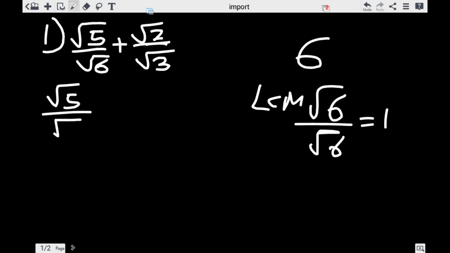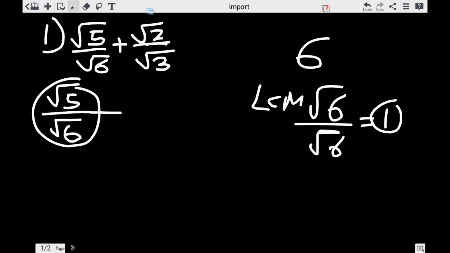But for the sake of those who will not know what I'm talking about, I'm going to multiply this fraction by the 1. So it becomes root 5 times 1 over root 6 times 1, because what you use to multiply the denominator, you use to multiply the numerator as well. Then write your plus sign.